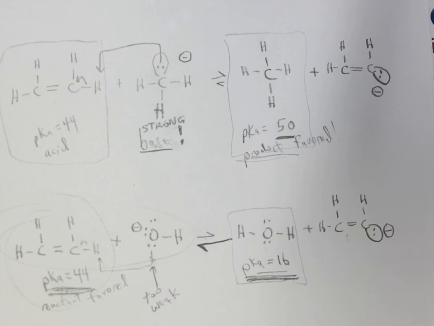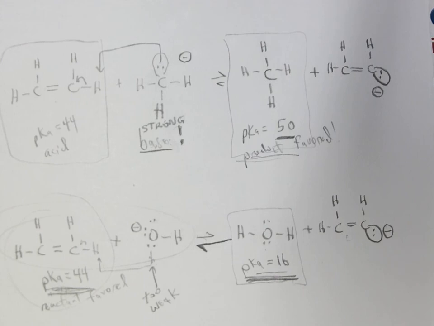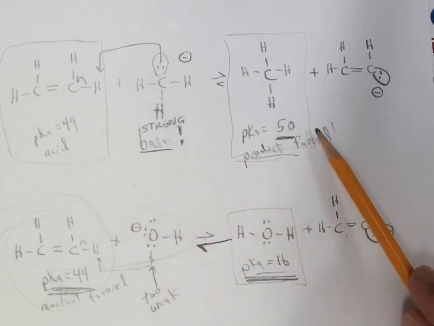So hopefully this makes some sense as to which reactions happen, how to write the products by moving the proton and doing a simple acid-base mechanism, and then how to describe what's happening in the language of organic chemistry: if the weaker acid is on the product side, then it's product favored and the reaction will happen as written, and you'll get these products.